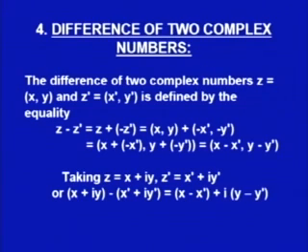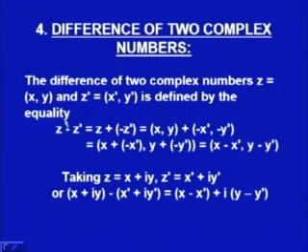We write (x, y), x plus i y for z, and for minus z' we write (minus x', minus y') or minus x' plus i times minus y'.